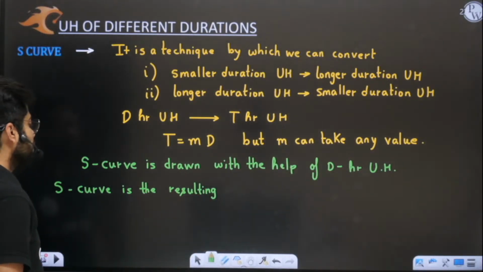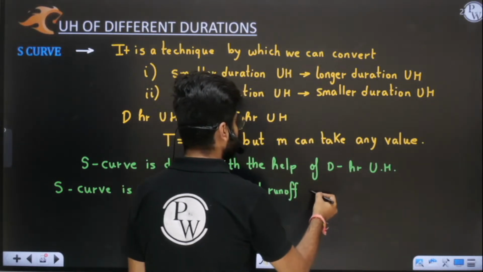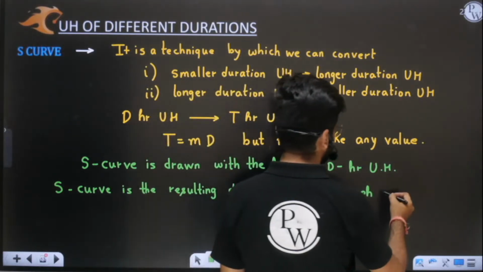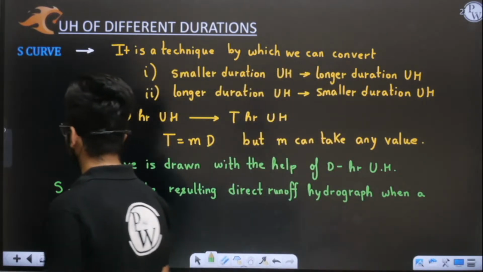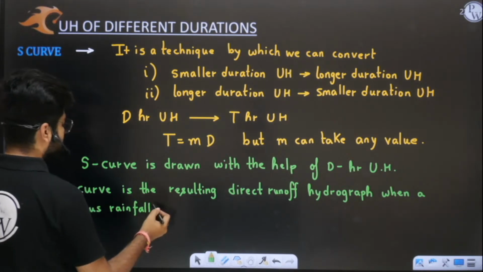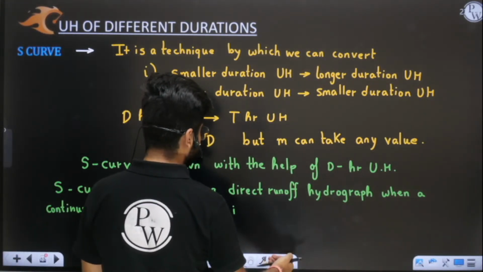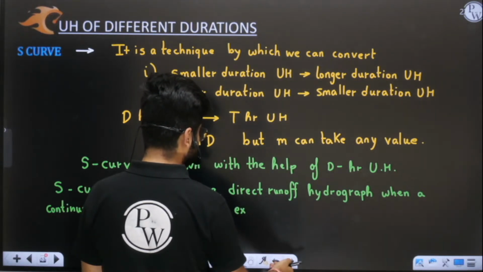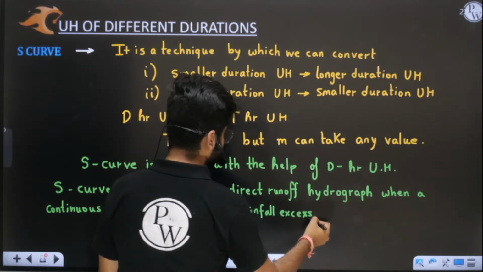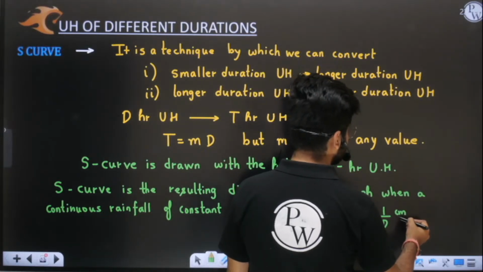The S curve is the resulting direct runoff hydrograph when a continuous rainfall of constant rainfall excess intensity, with intensity 1 by d centimeter per hour, occurs.